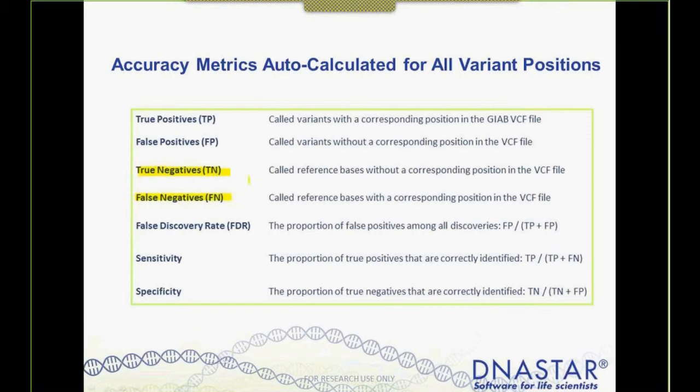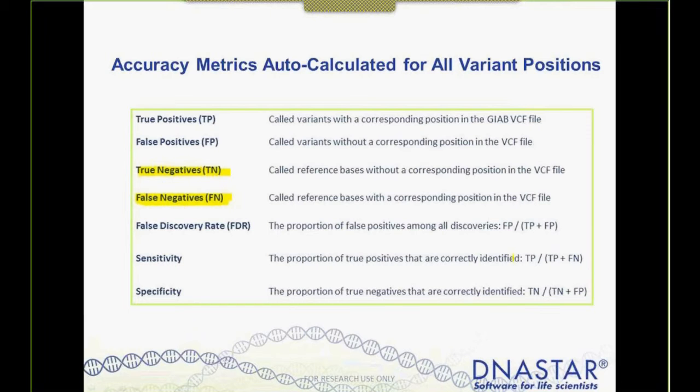And false negatives are actually the most troublesome. So if you have variants that are disease-causing, for instance, you don't want to miss those. So you want to have your FN false negative rate as low as possible. True negatives, I was mistaken. There's lots of true negatives. That's going to be a very large number. It is the false negatives that you want to minimize as much as is possible.